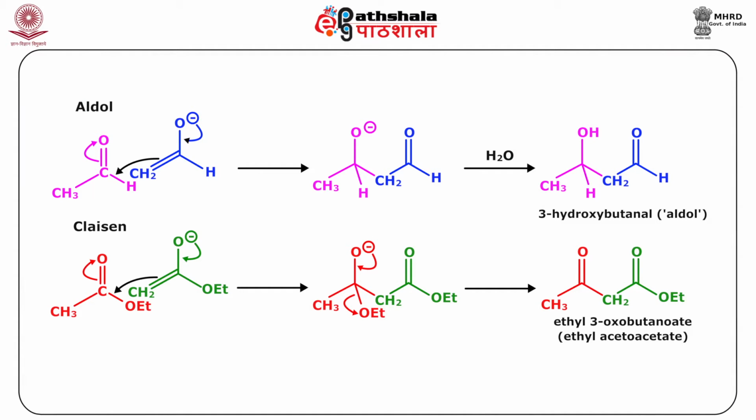The first one you can see here is the completion of the aldol, how it happens and gives rise to this beta hydroxyaldehyde, and in the Claisen you get this particular beta keto ester. Even though the last step is different, the two products are quite similar.